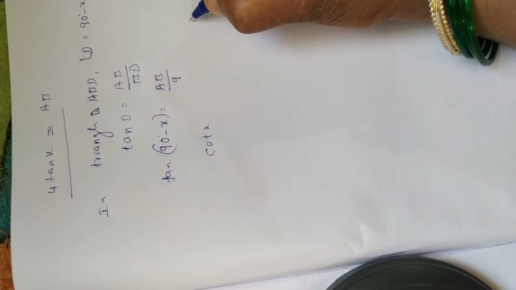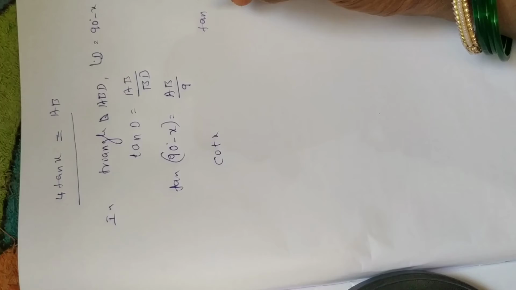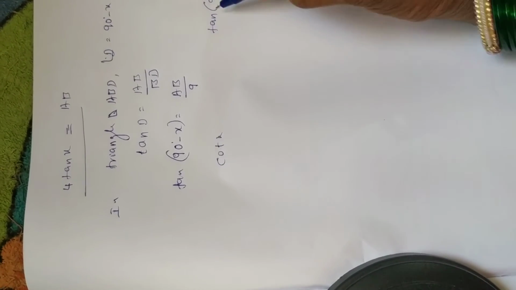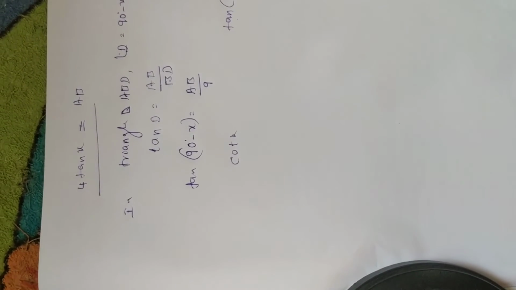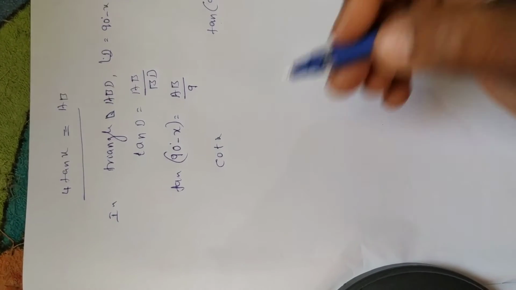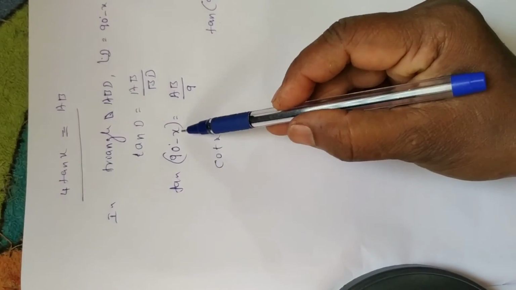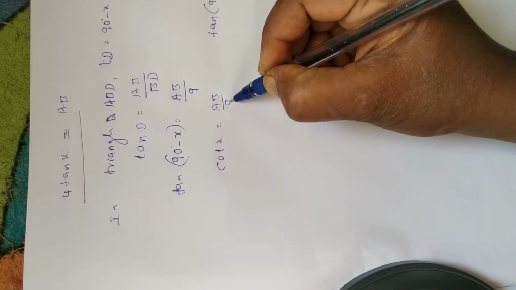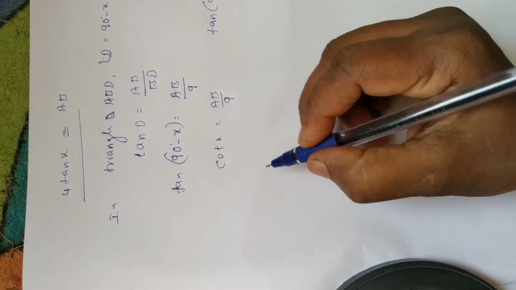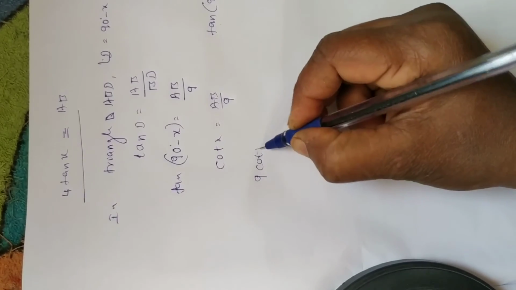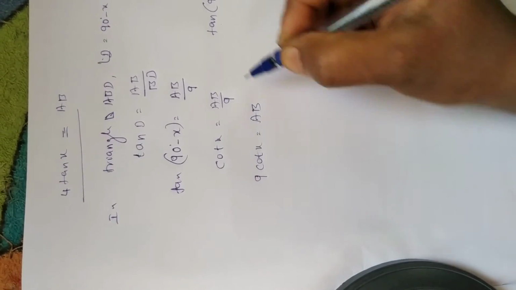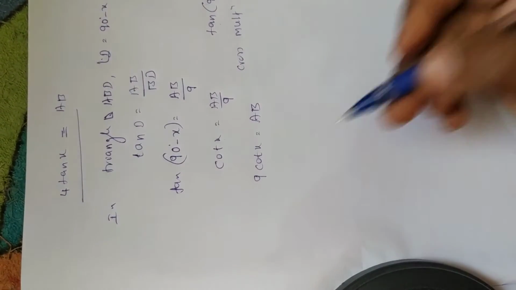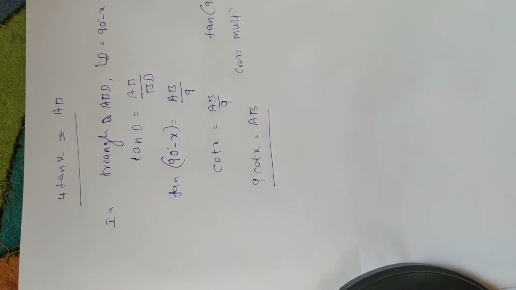As you know, tan 90 minus theta is cot theta. Tan and cot theta are complementary to each other. Therefore, tan 90 minus x is cot x, which is equal to AB divided by 9. So, do the cross multiplication. 9 cot x is equal to AB. So, I got one another statement.